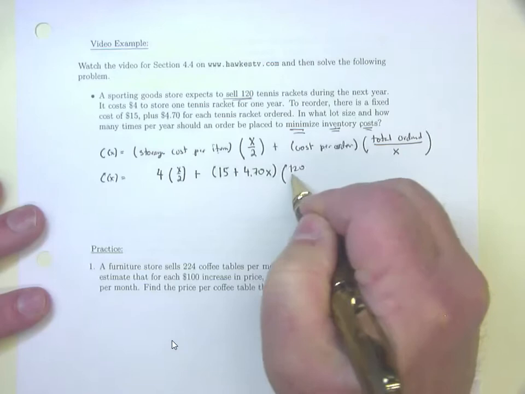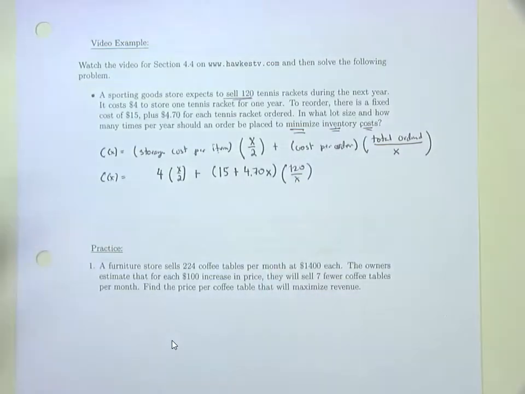But here's basically what I'm trying to get to you guys. Do you actually want to get all the tennis rackets in one big sale? I'm going to go out and buy the entire 120 tennis rackets. But my problem is, I do that, and then half of them are going to sit on the back shelf. It's going to cost me money to store this stuff until eventually I sell them.